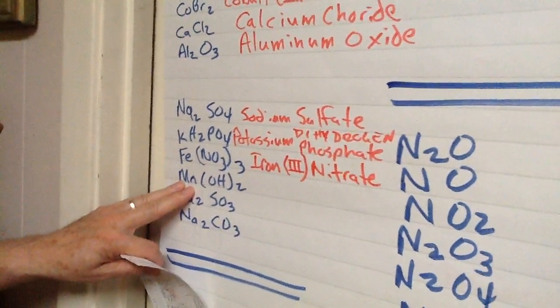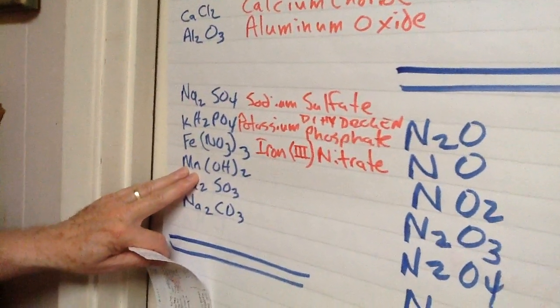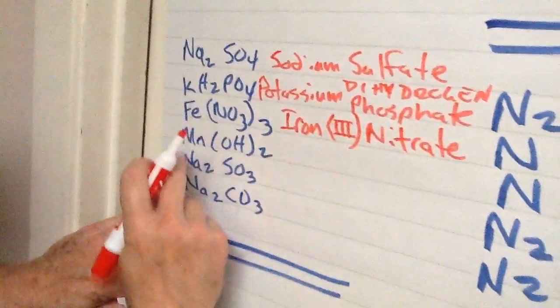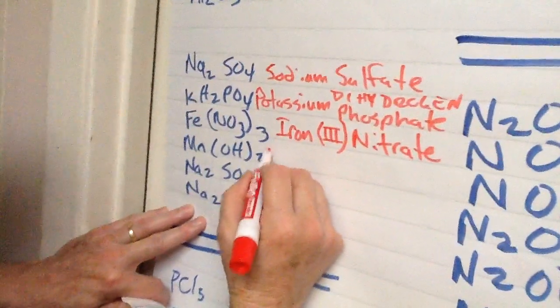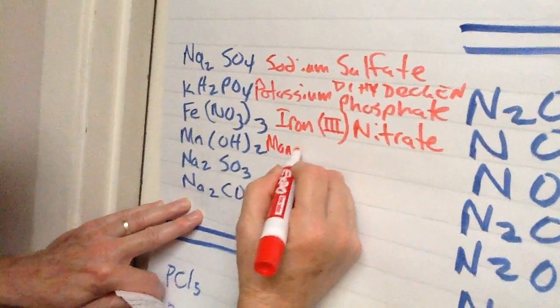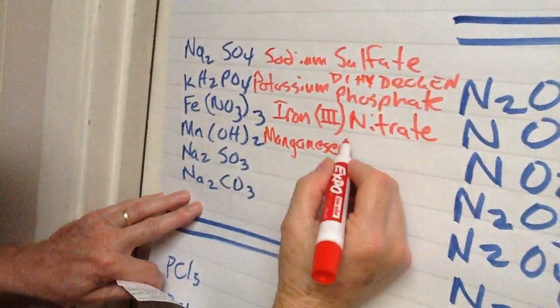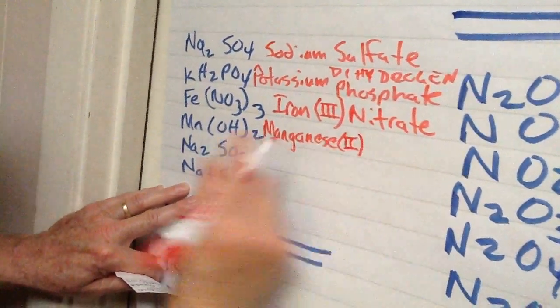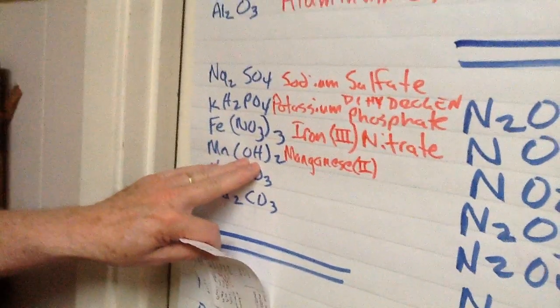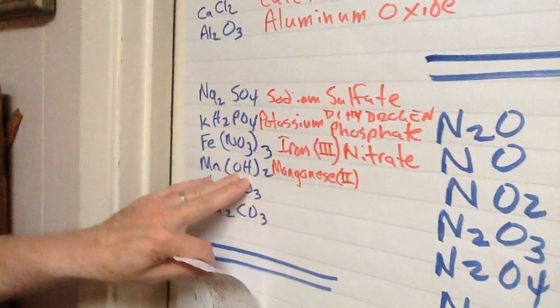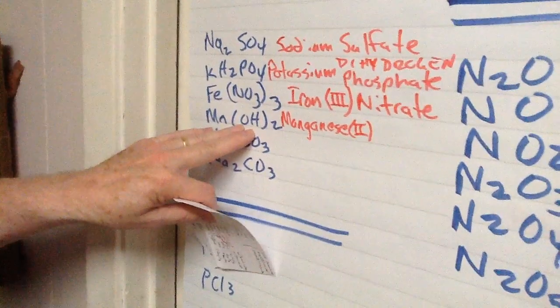Be careful. Mn is manganese, not magnesium. And again, it can have multiple valences. So this is manganese Roman numeral 2, because this OH minus, this hydroxide ion, is a polyatomic ion.